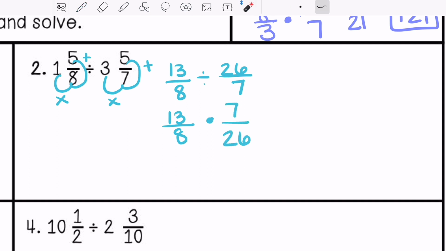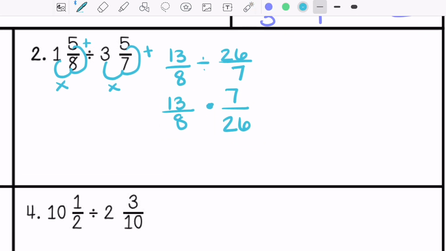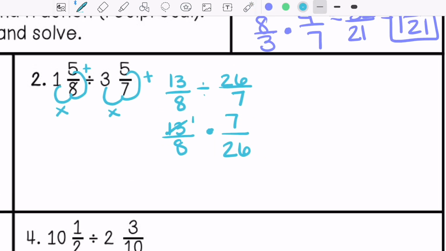The greatest common factor between 13 and 26 is 13. The greatest common factor between 7 and 8 is 1, so we're not going to do anything with those two. 7 times 1 is 7, 8 times 2 is 16, so 7/16. We cannot simplify that anymore.